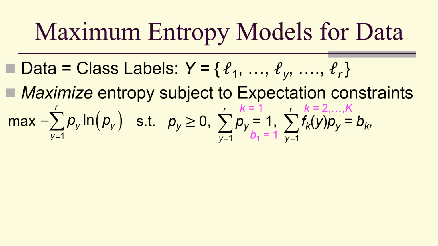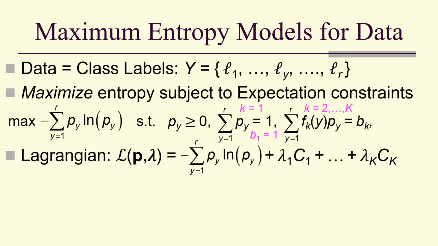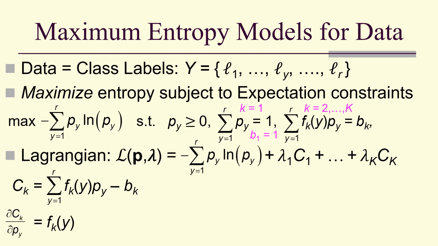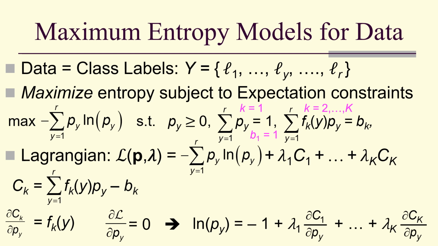And these will be the constraints k equals 2 to capital K. Our Lagrangian looks like that. We take the c sub k's to be these expected values minus b sub k. And notice that the derivative with respect to p sub y is just f sub k of y. And there's our familiar friend.